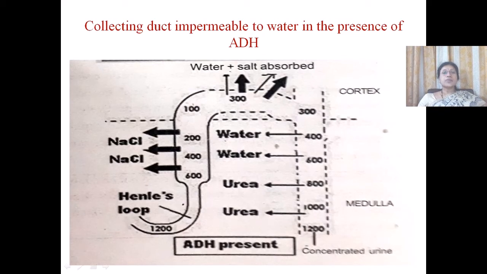In the presence of the antidiuretic hormone, water reabsorption takes place in the cortex region and the medulla region, and concentrated urine, that is hypertonic urine, is produced in less quantities.